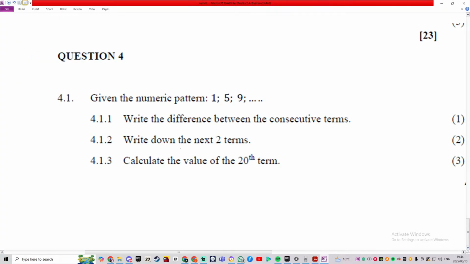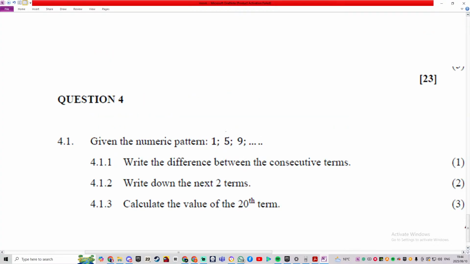Given the numeric pattern 1, 5, and 9, write down the difference between the consecutive terms. I can see from 1 to 5, I need to add 4. From 5 to 9, I also need to add 4.